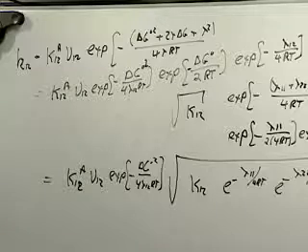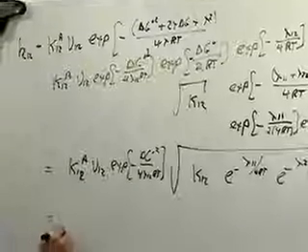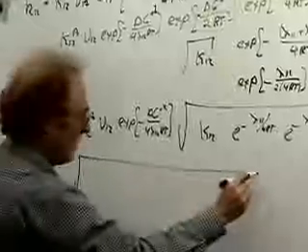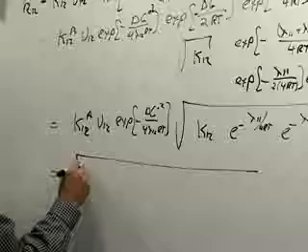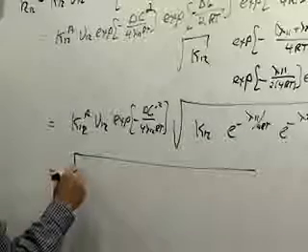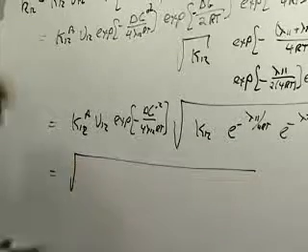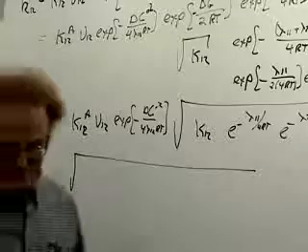So, okay, so now we rewrite it again as the square root of... how am I going to write this? How do I rewrite it?